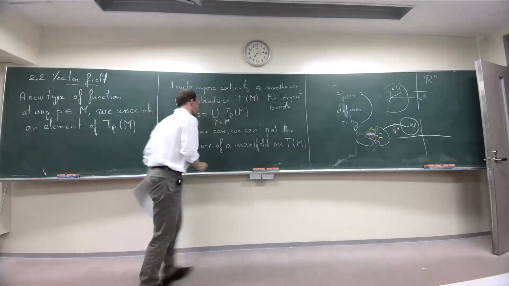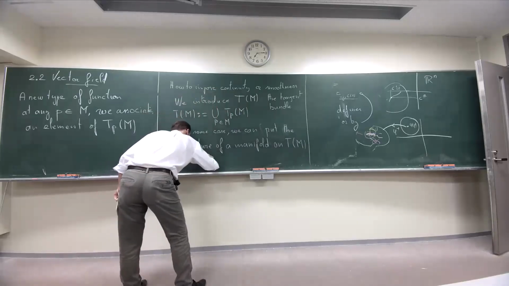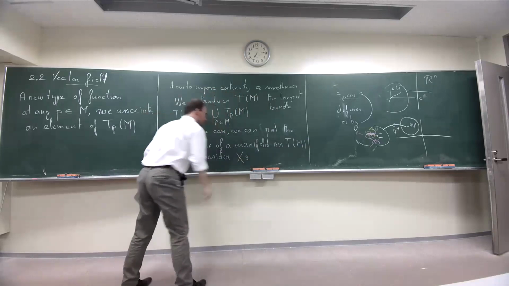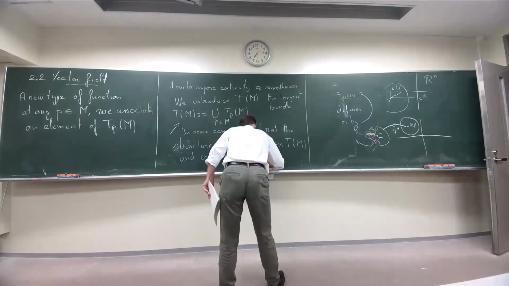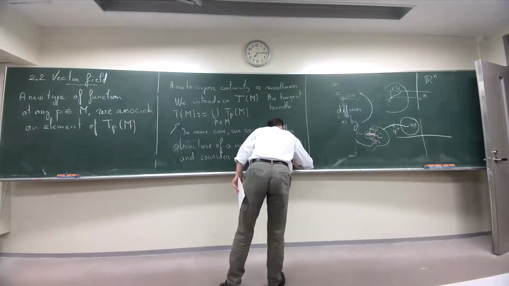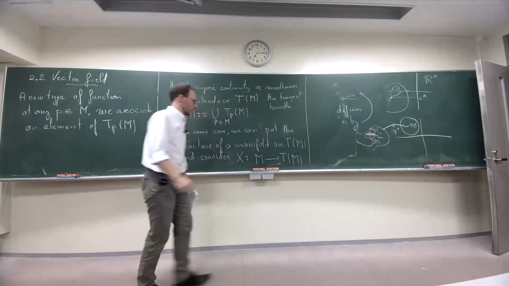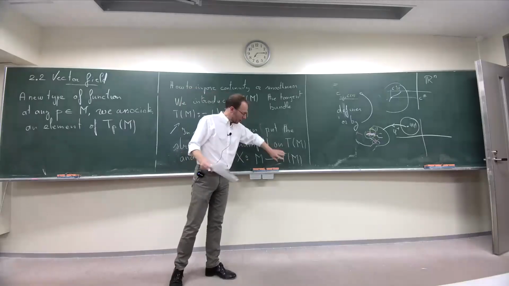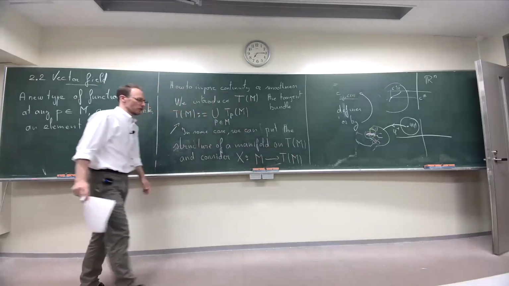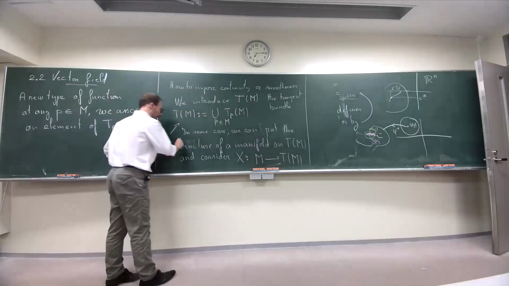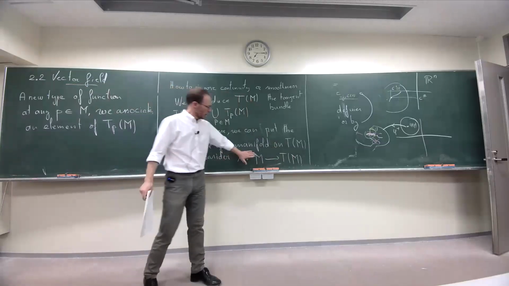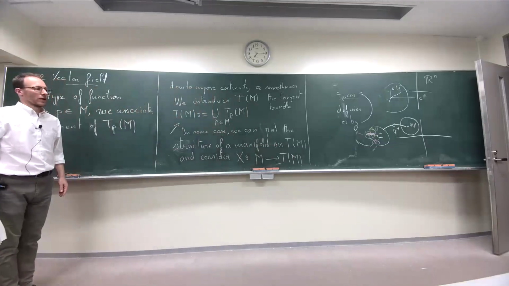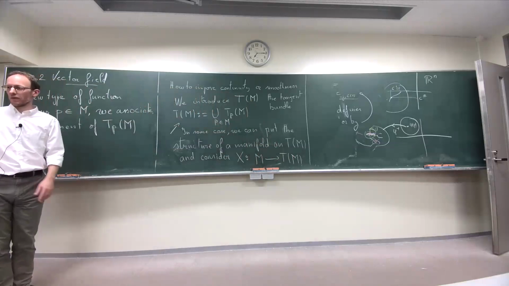I will not do it, and consider a function which I'm going to call x from M to T of M. If we can put a structure of a manifold on this very complicated space, then we have an application from M to this union of all tangent spaces. It's not easy. So I will take a different approach.